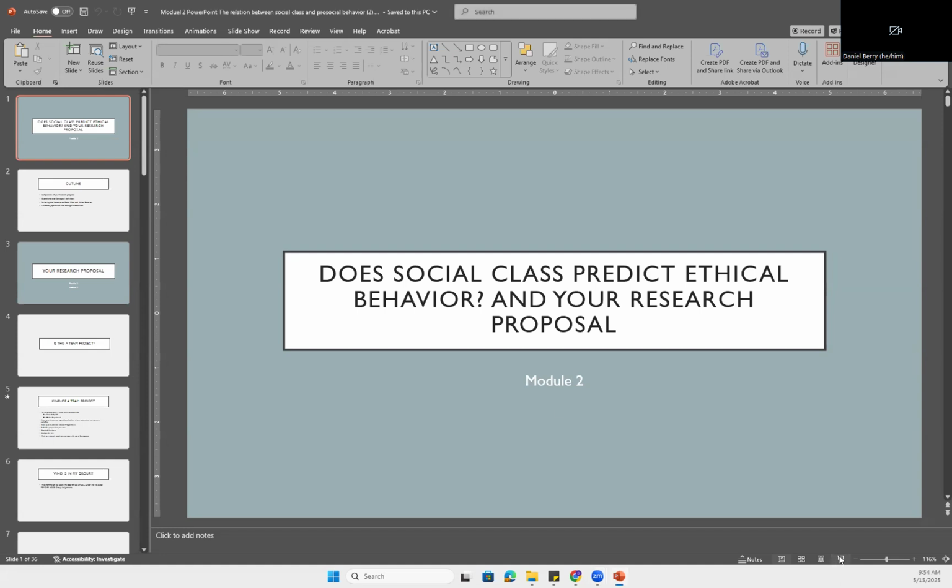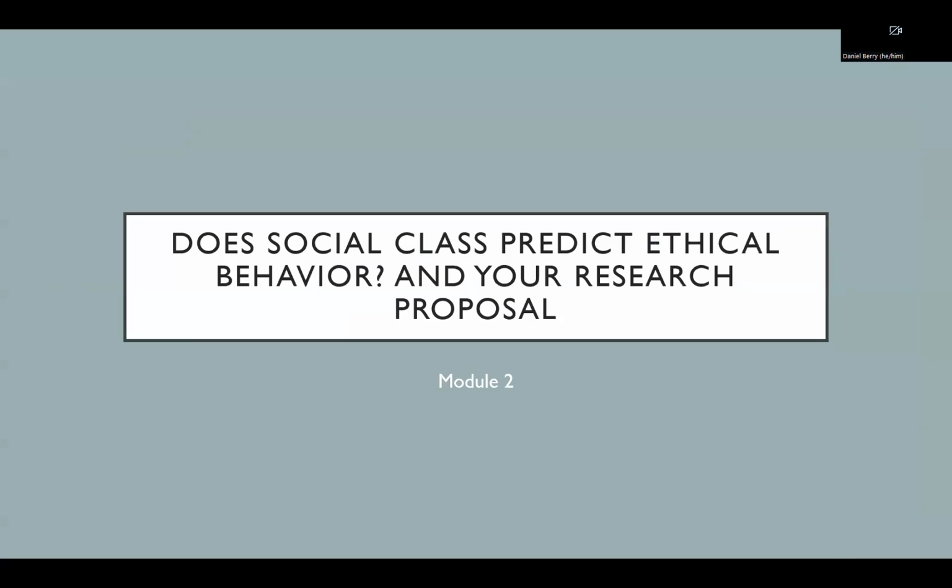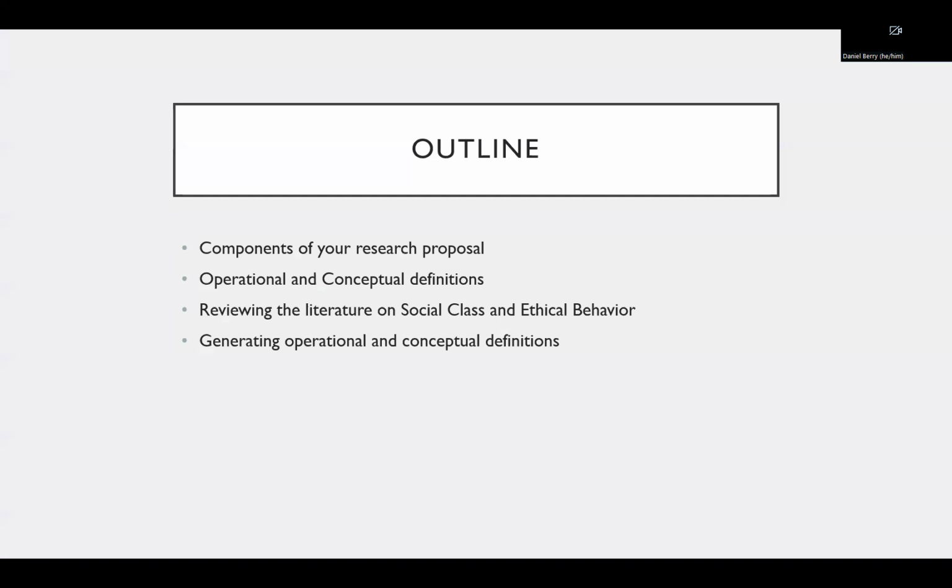So in this lecture, I'm going to be talking about your semester-long research project, which is going to be first a research proposal, followed by a full manuscript that you turn in that also has a results and discussion section. Here I'm going to cover the components of your research proposal.